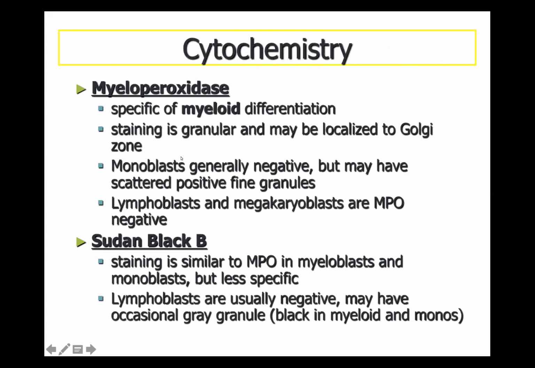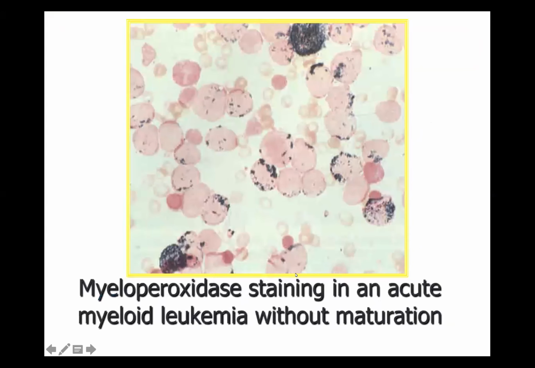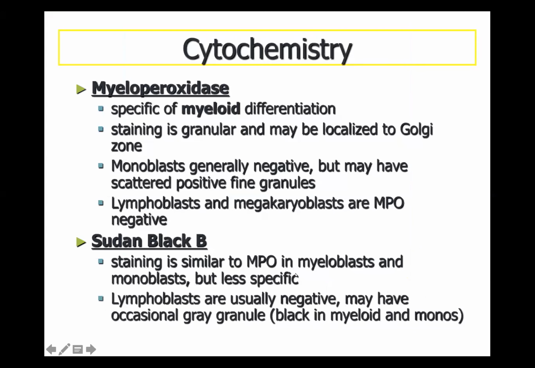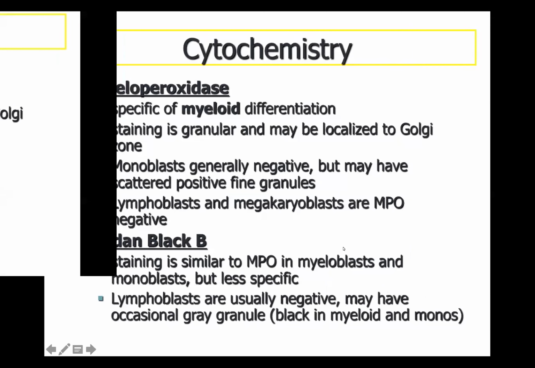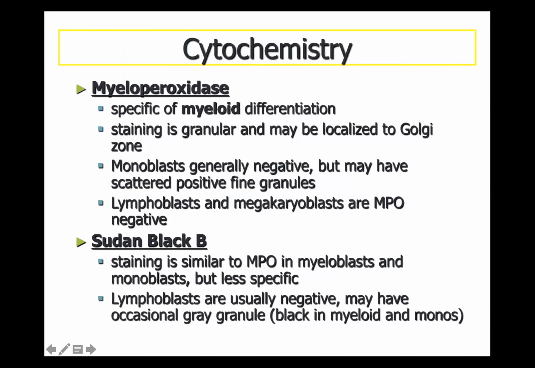Another cytochemical stain is Sudan black. Sudan black will also stain myeloblasts and will be negative in lymphoblasts, and may have occasional gray staining in lymphoblasts.